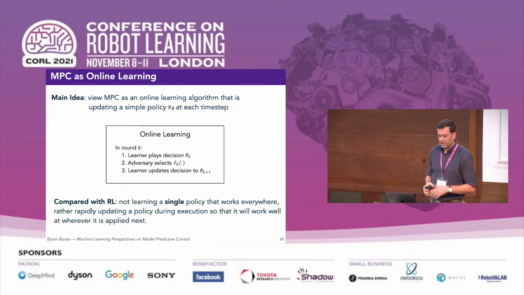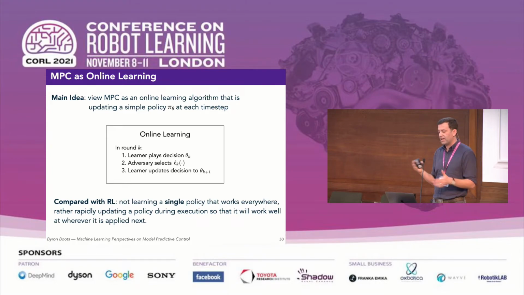Okay, so let's give a preview for how this works. For online learning, each round of online learning corresponds to a time step. So at every time step, MPC can be viewed as a learner which chooses parameters theta and executes a policy with those parameters in the system. Next, we just observe what happens. In the context of online learning, we think of the system as some adversary that provides feedback to the learner by picking out a loss function that's going to be evaluated on.